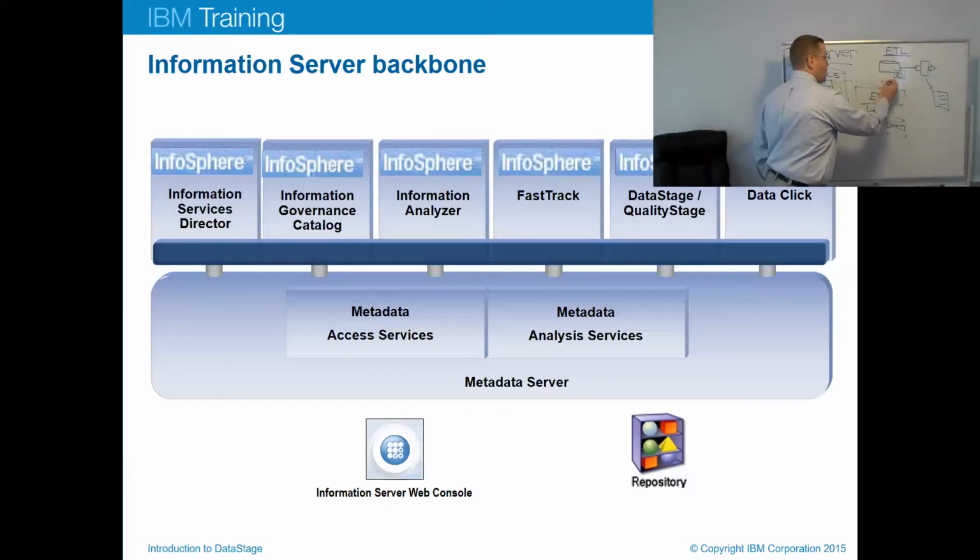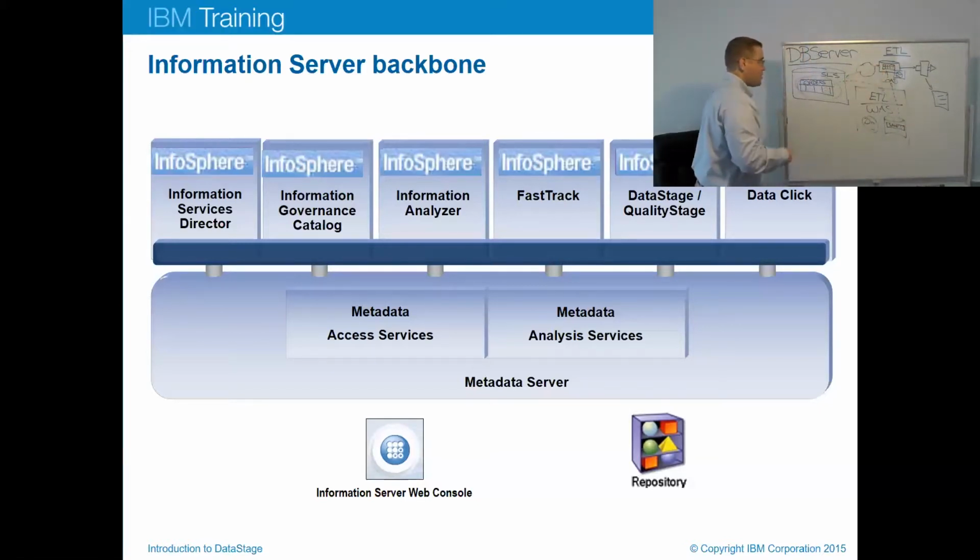So the term we use is load, and you'll see that a lot in DataStage. We load that table definition to here so that the system now knows what the table looks like, what the columns look like. It knows some information about, depending on what we save in there, how to connect. So that's our basic ETL design, and that's something we're going to work on today. We're going to actually do this today. We're going to bring in metadata into a shared repository so we can build jobs off of it.